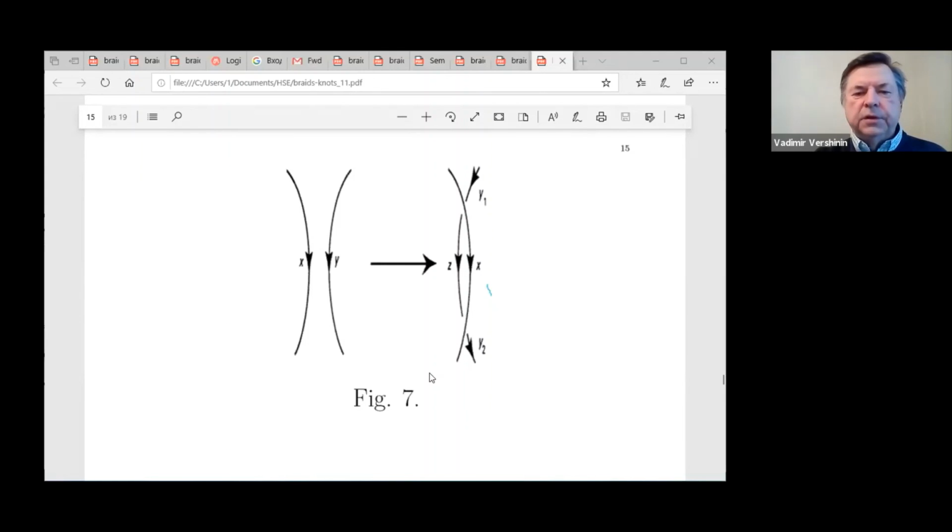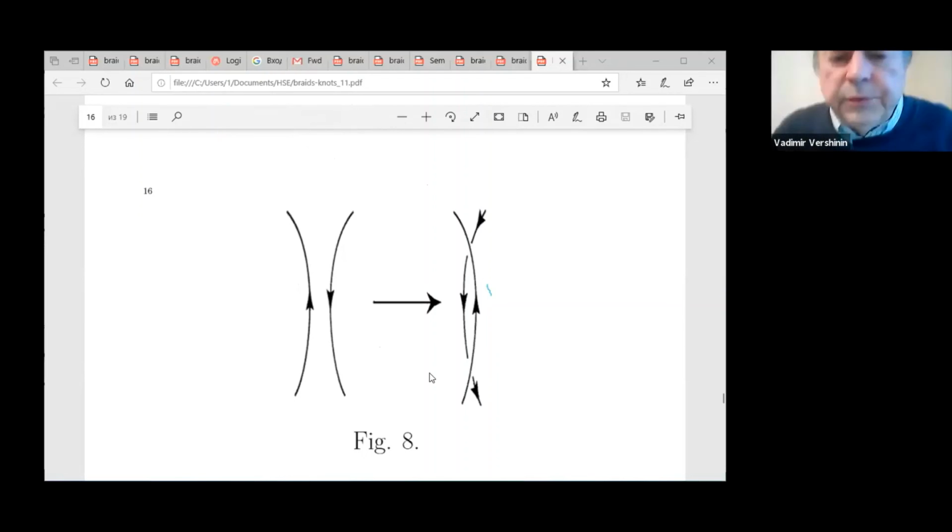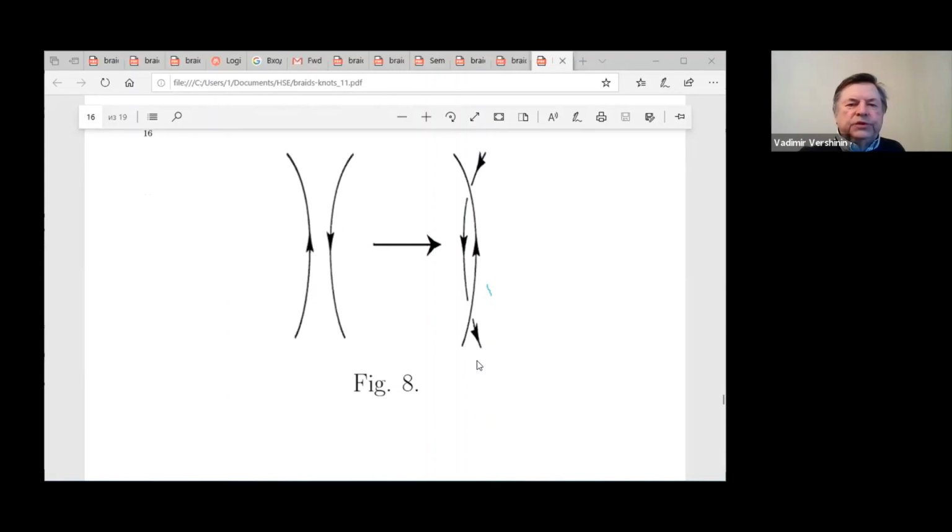And of course, if you are interested, and maybe you just have to practice, please do the same, because it may happen that all our nodes are oriented.